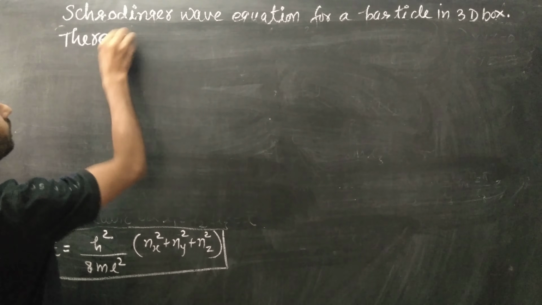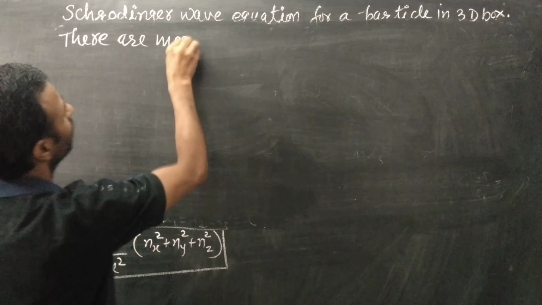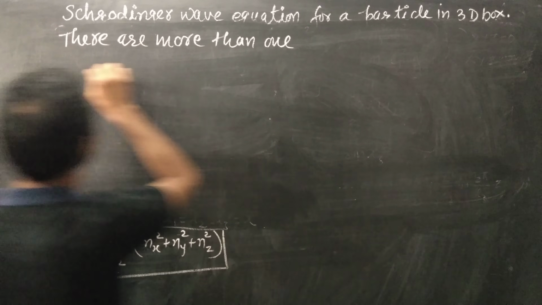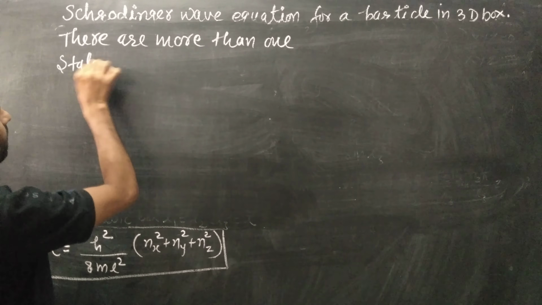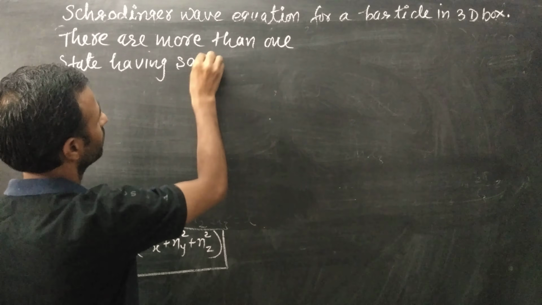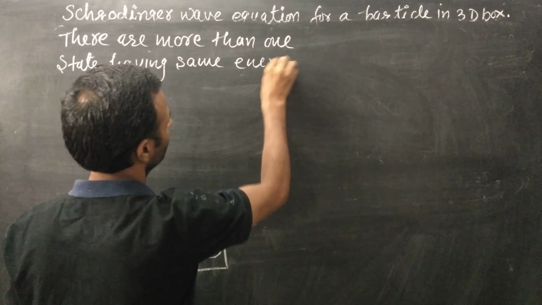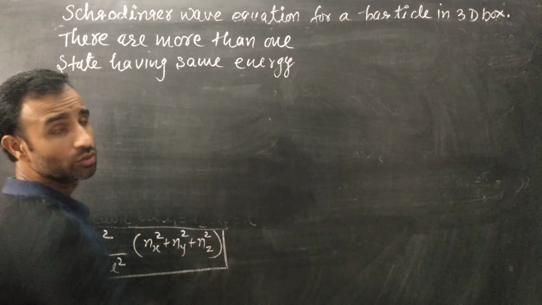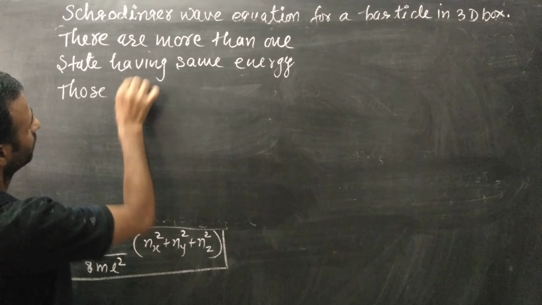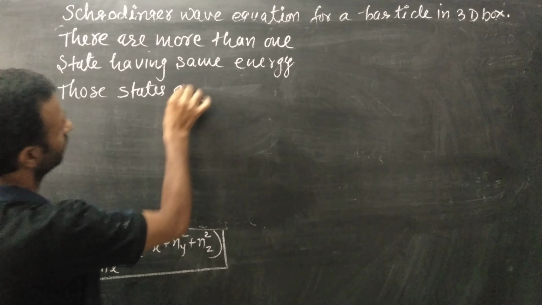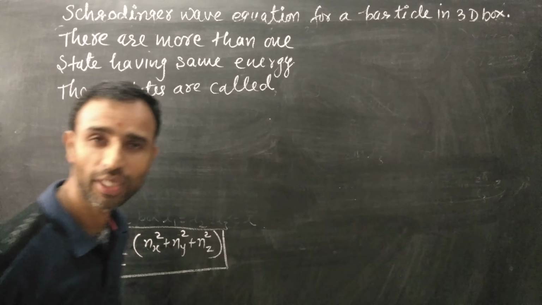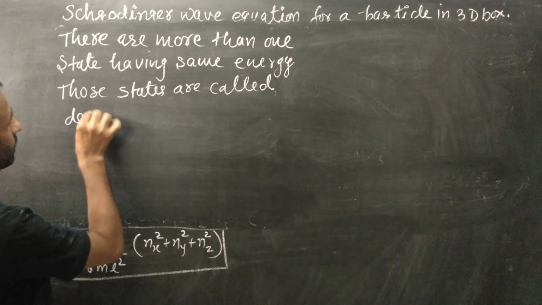Now we know that there are more than one state having same energy. So those states are called, what we call them? Degenerate states.